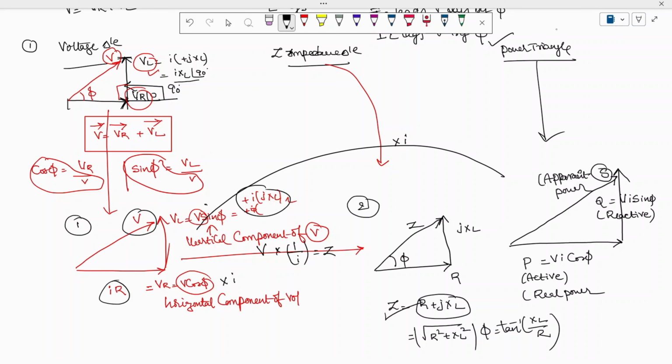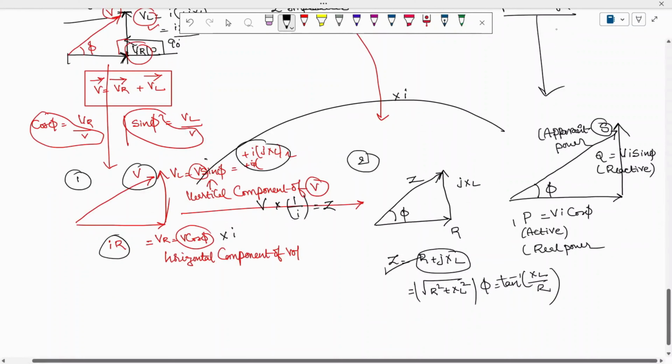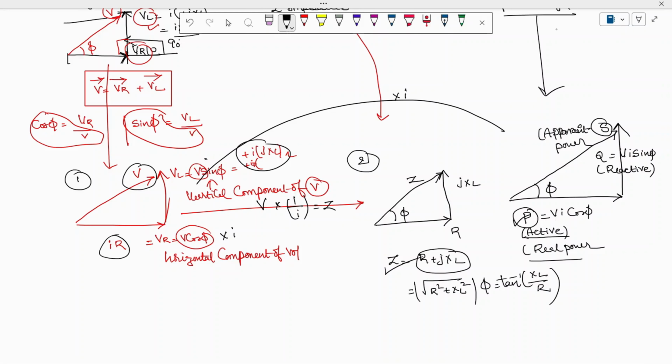Okay, so here the phase angle made by this is called power factor. So active power, the symbol is P. Why is it called real power? S is equal to P plus JQ. So JQ means it comes at 90 degrees.